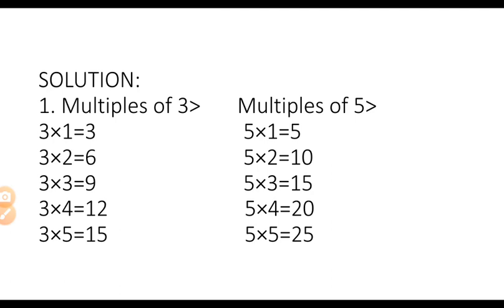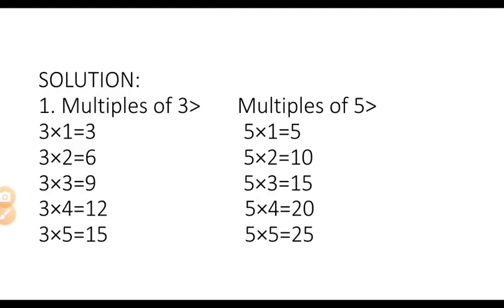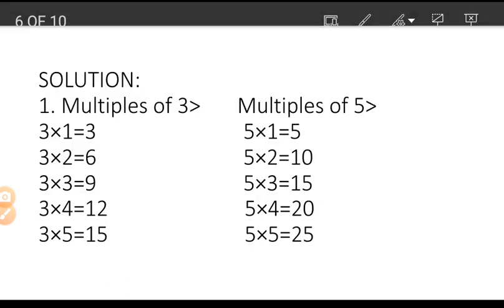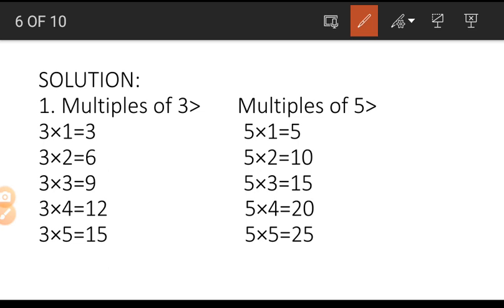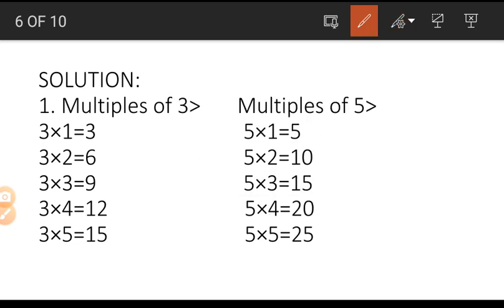So 3 multiplied by 1 is 3. 3 multiplied by 2 is 6. 3 times 3 is 9. 3 times 4 is 12. 3 times 5 is 15.